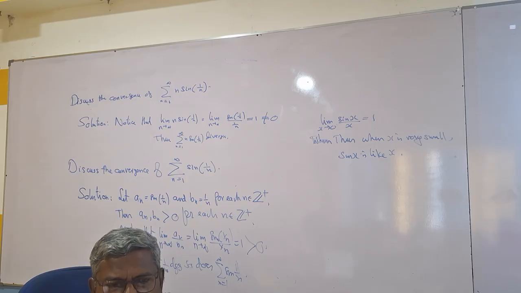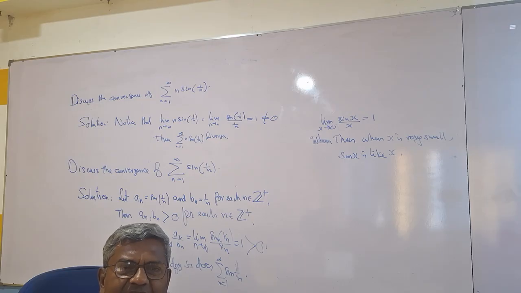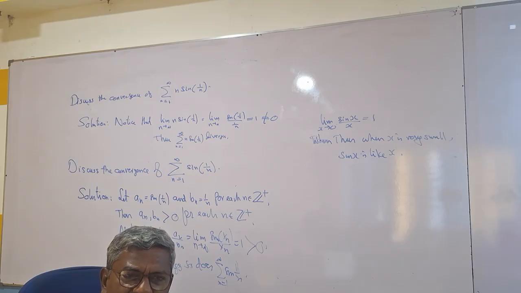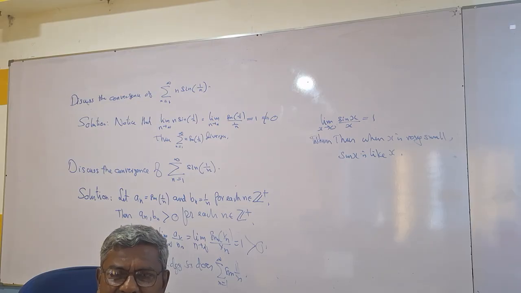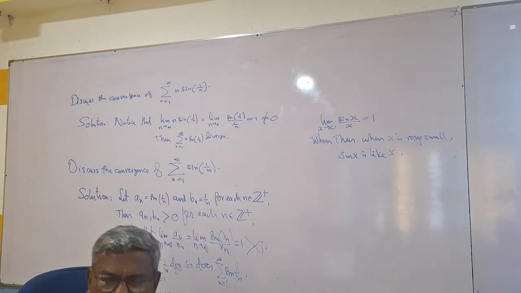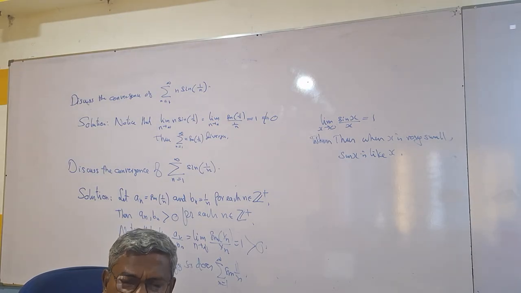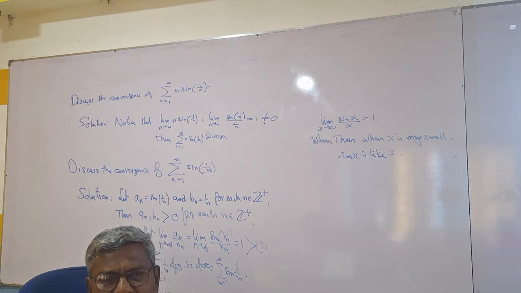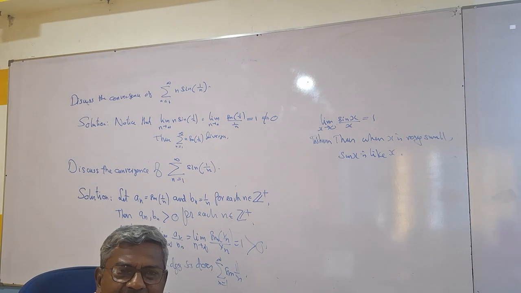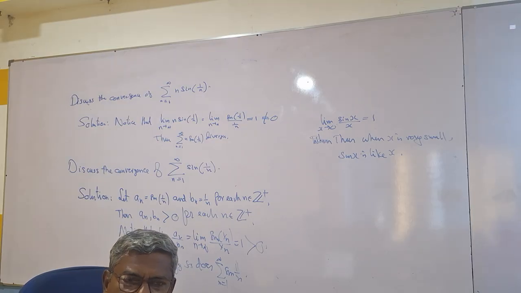So by the zero test, the limit as n tends to infinity of cos 1 over n is equal to 1, not equal to 0. Therefore by the zero test, sigma cos 1 over n diverges. Sigma sin 1 over n diverges. Sigma cos 1 over n going to infinity also diverges. Like that you need to look at the series and think about it.